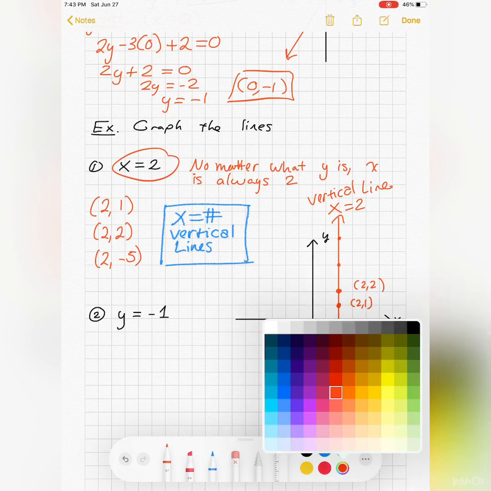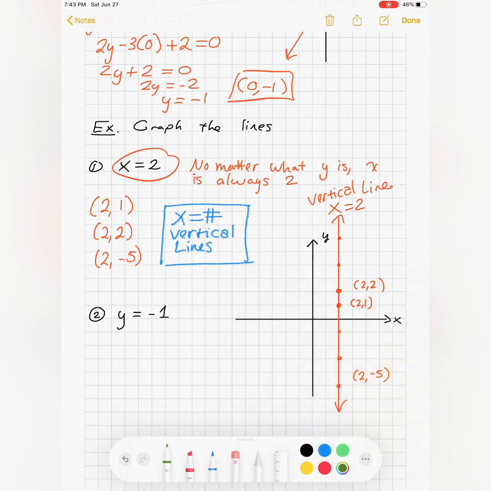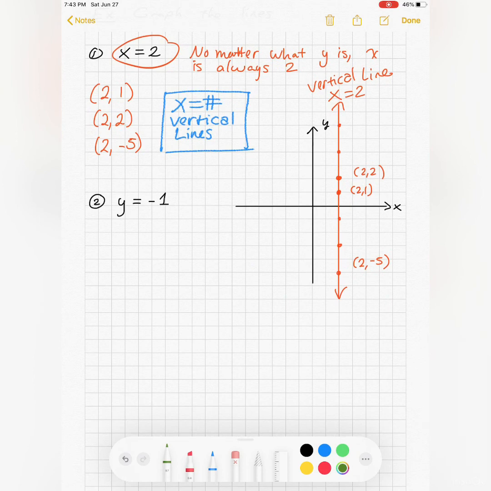Versus, I bet you can guess here, in number 2, this one's saying x can be anything. But y is always negative 1.